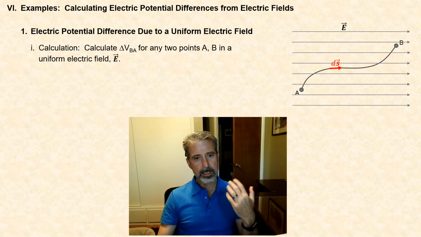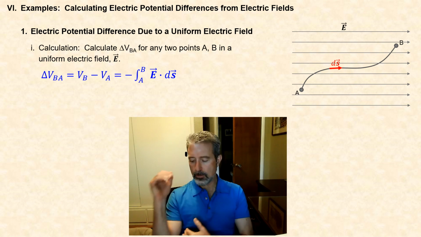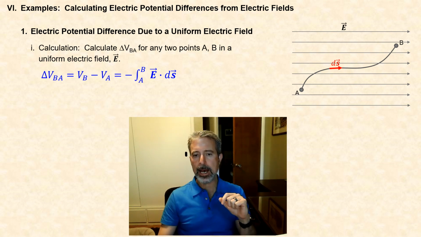Now, to calculate the electric potential difference given the field, we're just going to use our definition of electric potential difference. We have it expressed as this line integral, where our integrand is the dot product of the electric field with the displacement vector ds for each infinitesimal segment of that path.